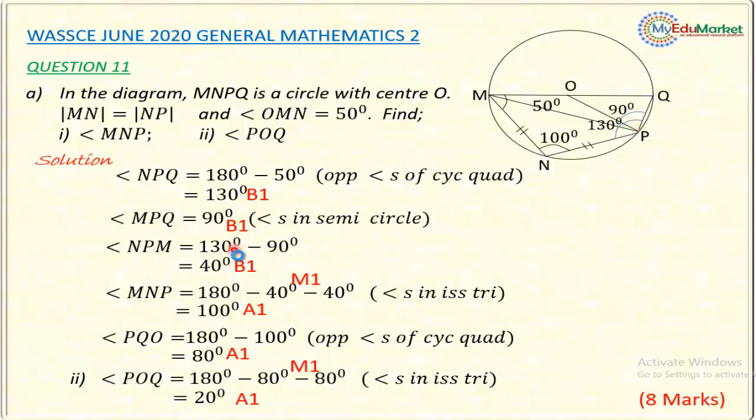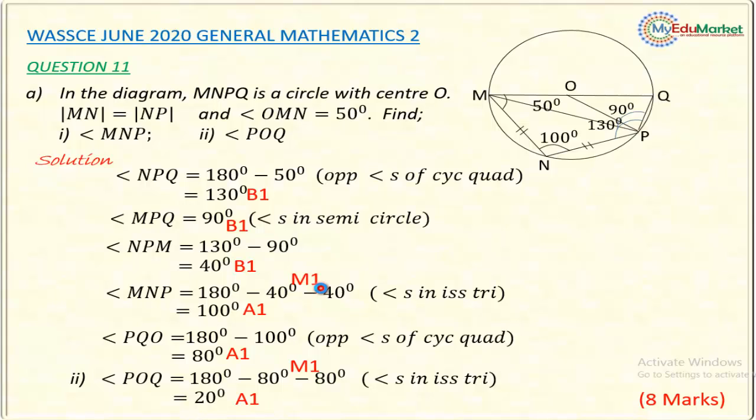Then the next mark is another bonus mark for getting 40, that is subtracting 130 minus 90, you have 40.